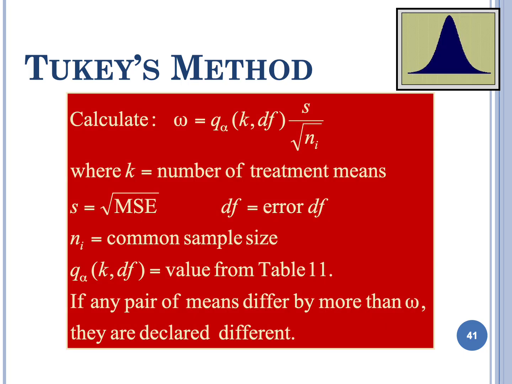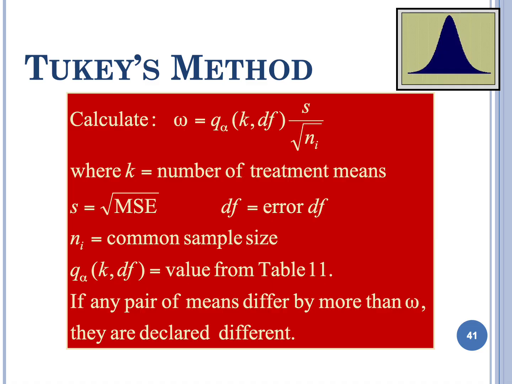Now let's see what Tukey's method is. The first step is that we will calculate a ruler. In our notation, we use omega, another Greek letter, to indicate the length of the ruler. The ruler is calculated using a critical value, indicated by Q sub alpha, with k and degrees of freedom, where k is the number of treatments. Degrees of freedom is the degrees of freedom for the error in the ANOVA table.